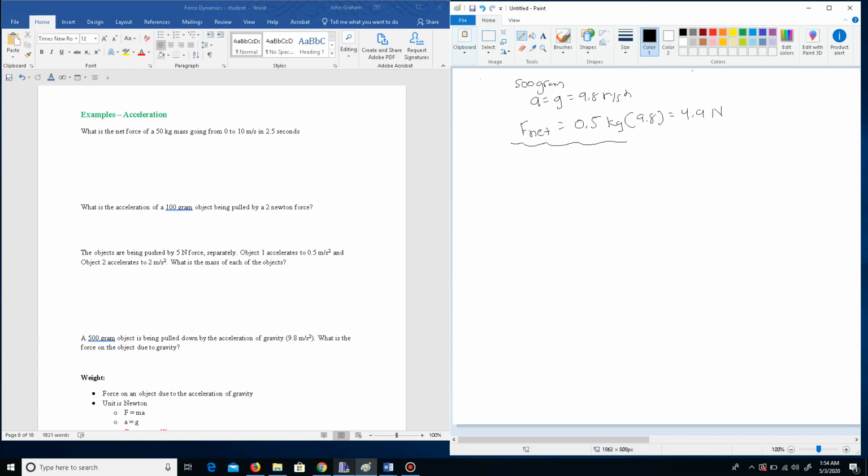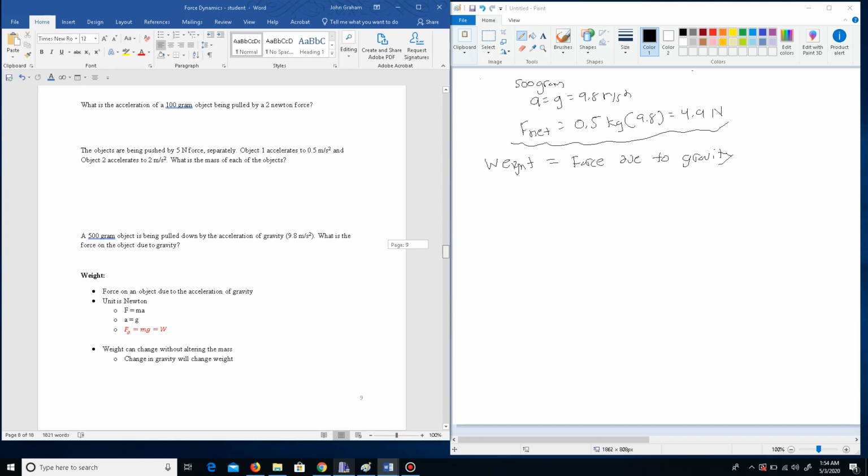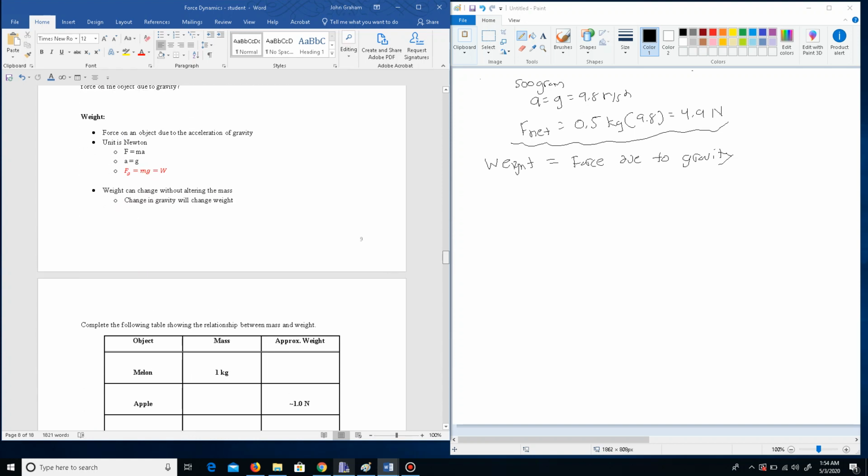This leads us to the next thing, which is called weight. Weight equals force due to gravity. If you know your mass, you know your weight, as long as it's on Earth. If it's not on Earth, it's going to have a different weight, and you have to know that gravity, which we do know for other planets, but we don't need to worry about that right now.